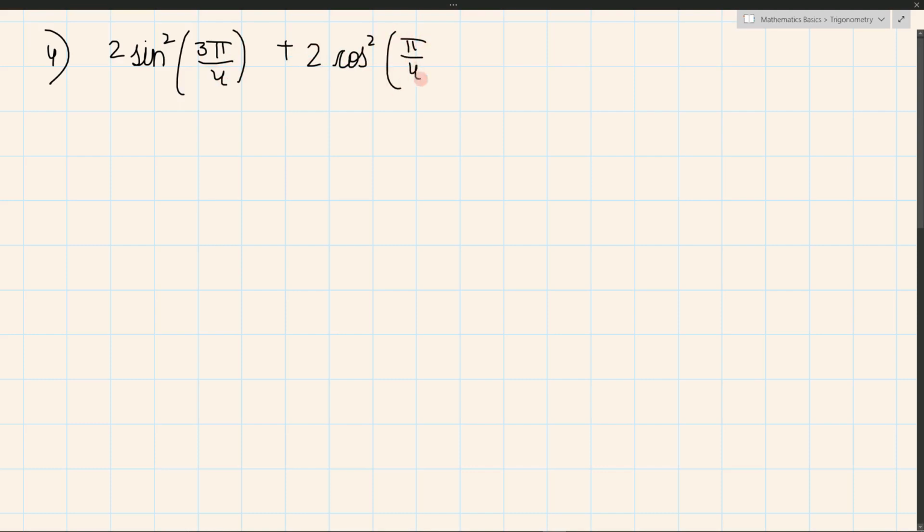So question number 4. We have 2 sin²(3π/4) + 2 cos²(π/4) + 2 sec²(π/3) = 10.